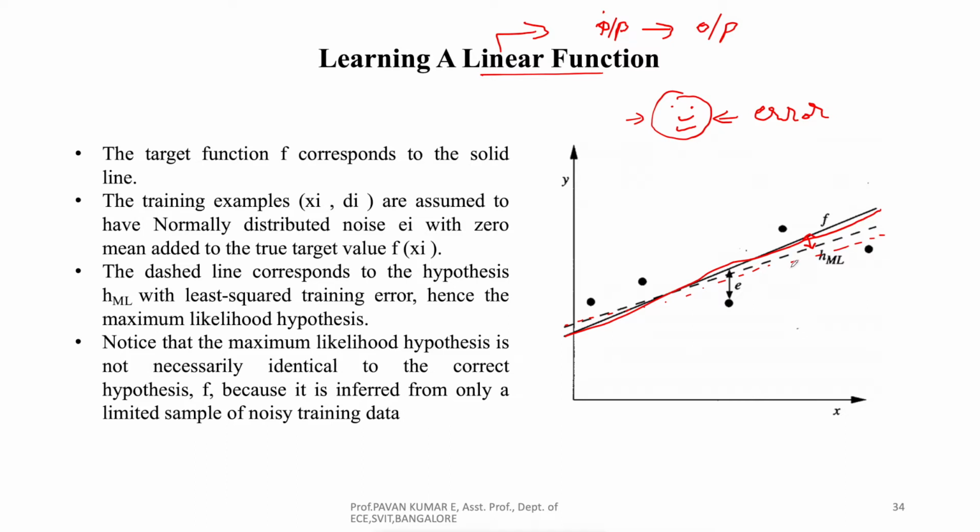In future, those who are doing machine learning oriented projects should have prior knowledge. You should know that if I teach this particular face oriented training image, it may lead to error. So that is the maximum likelihood least squared error hypothesis.